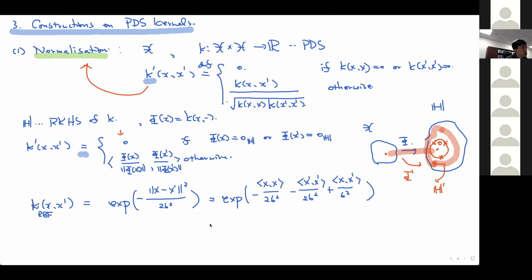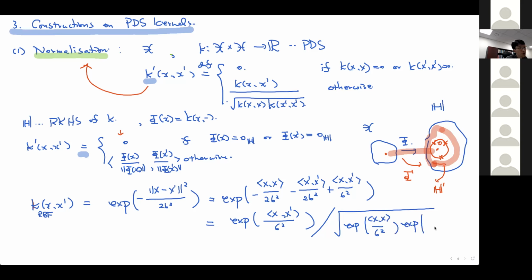And this can be written as the exponentiation of x dot x prime over sigma square, divided by the square root of the exponentiation of x dot x over sigma square and the exponentiation of x prime dot x prime over sigma square.